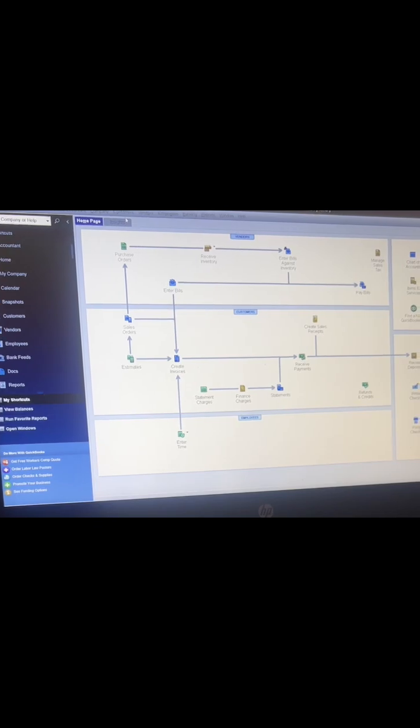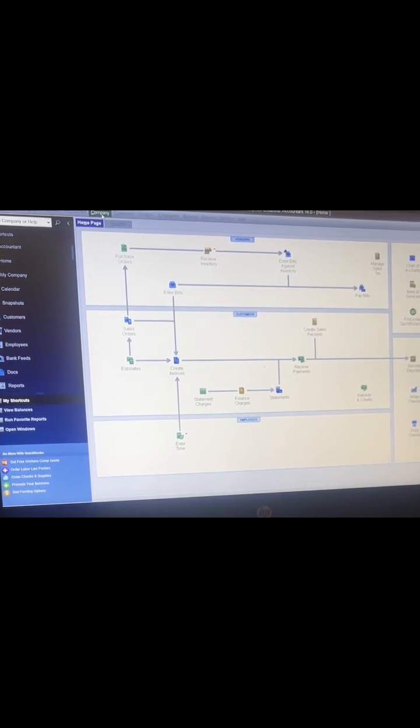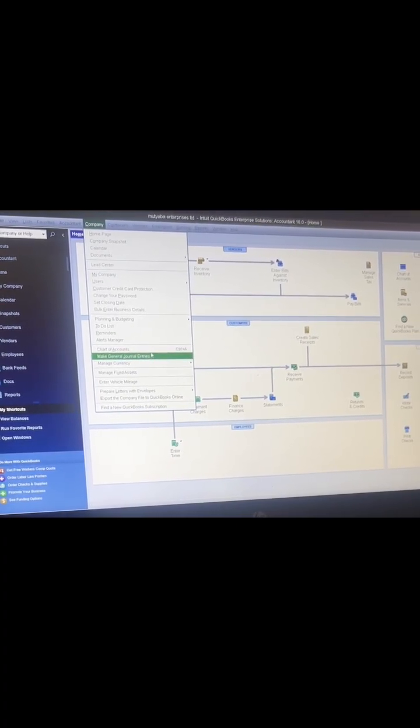We also have another method where drawings by cash can be recorded. So you make a general journal. Come on company and then you look for make general journal entries.